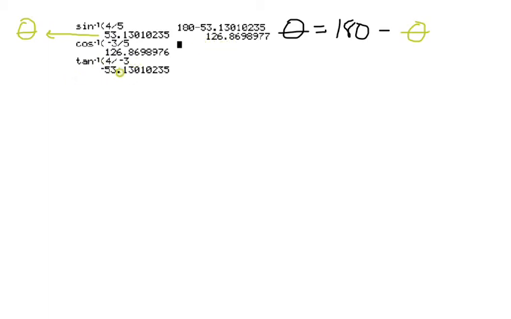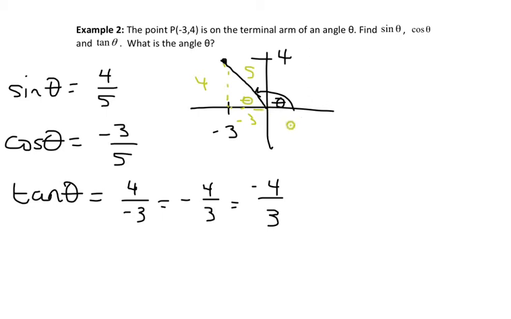If I had done tan inverse of -4/3, my calculator doesn't care where the negative is. So my calculator is giving me the angle -53.1. Notice it's 53.1 again. That negative though, the calculator thinks that the angle is down here, -53.